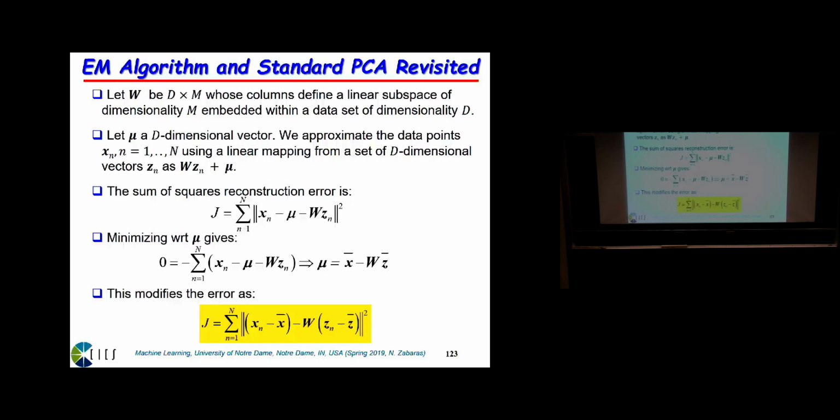So effectively, if you don't have any noise and you pose the problem of projecting high dimensional data X to some latent space Z, you can say, let me define an approximation that looks like this, right? So if I project Xn to mu plus Wzn, that's the error that I make. So if I minimize that the way we did it, right? That would be optimal in this L2 sense.